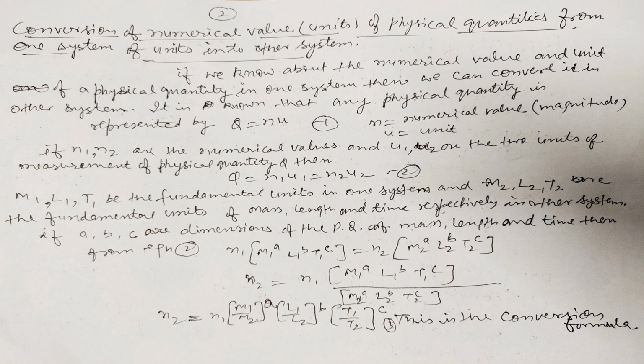That means the numerical value in the CGS system, so you have to calculate the numerical value in the CGS system. If you can, you can do this exercise at home, otherwise we will discuss it in the next class.